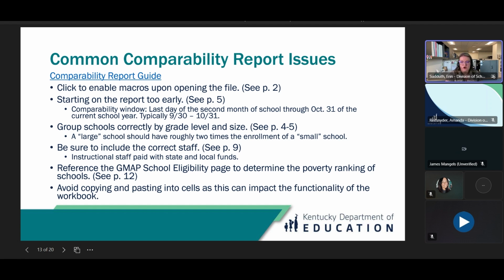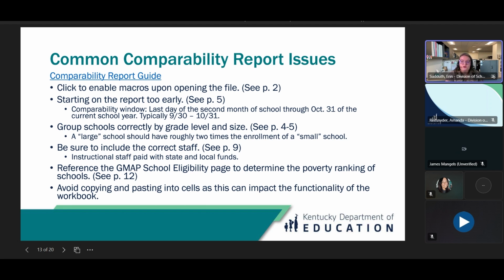Now, when there is overlap, you need to look at which groups share the most grade levels in common. For example, if we have a district that has some K through 5 schools and some 6 through 8 schools, and then one K through 6 school, we're going to group that K through 6 school with the K through 5 schools because it has more grades in common with that group. We're not going to make its own group.